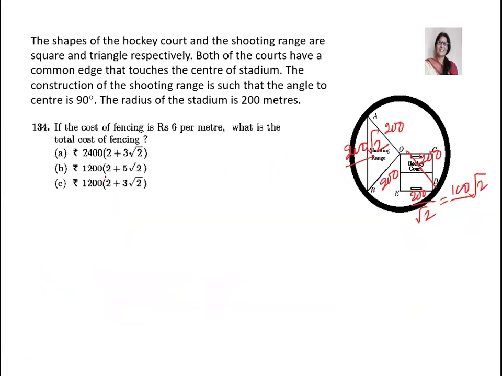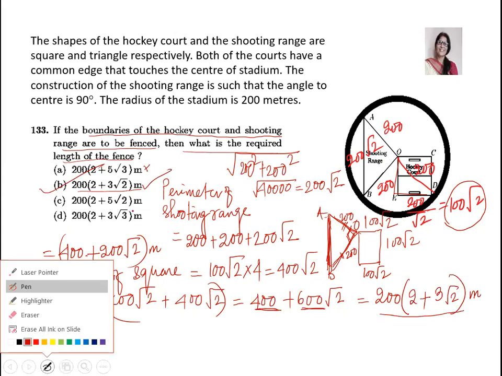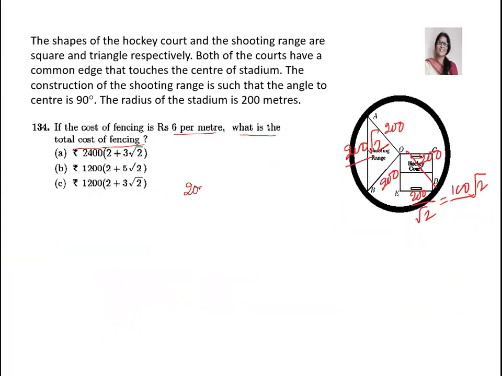Next is, what is the cost of fencing at 6 per meter? What is the total cost of fencing? So what was the perimeter? The perimeter is equal to 200 multiplied by 2 plus 3 root 2.